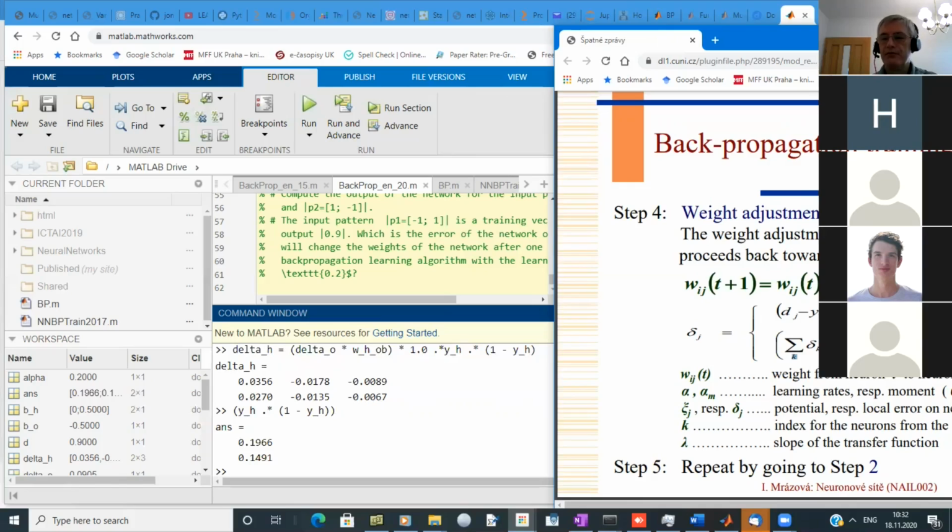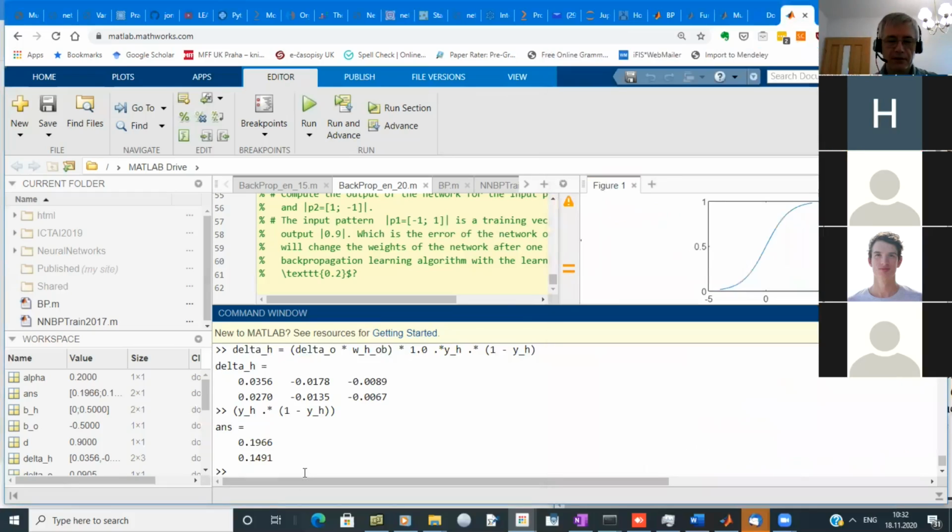So for each j, we should backpropagate the error terms from the above layer to the given jth neuron. So for that, we of course need to multiply delta O by the weight for hidden output.